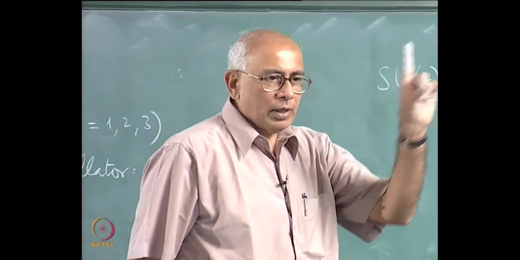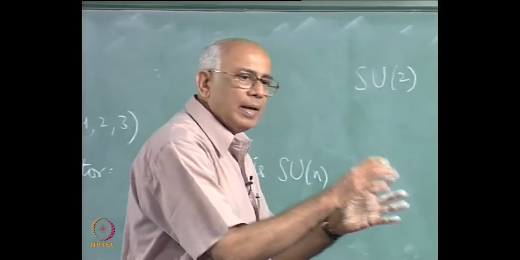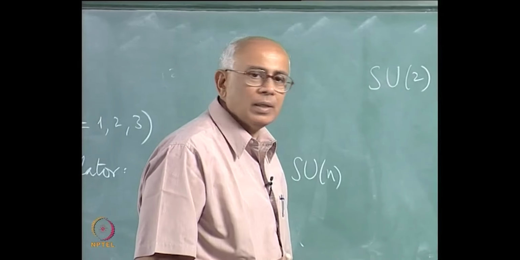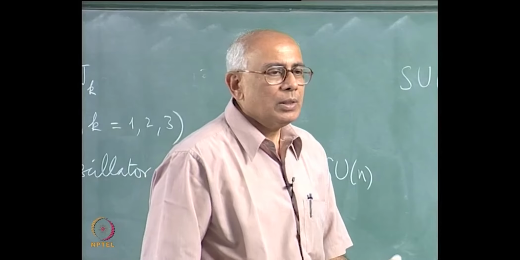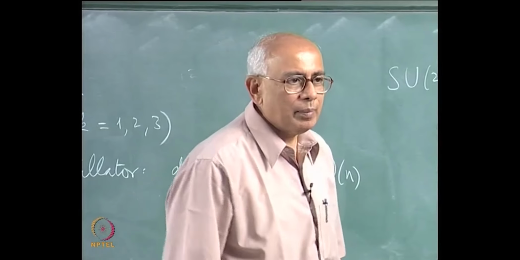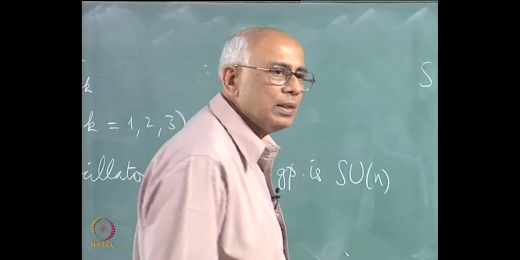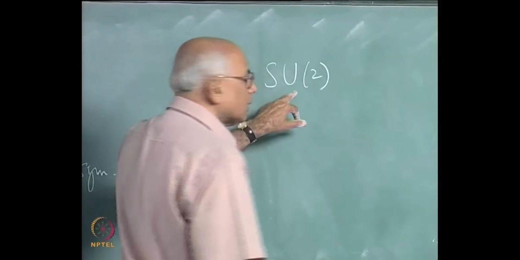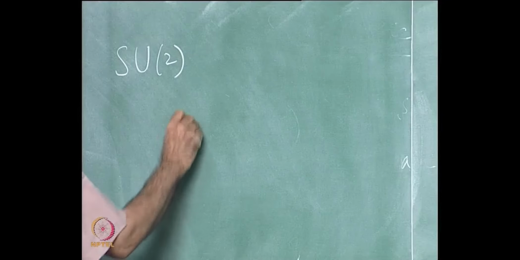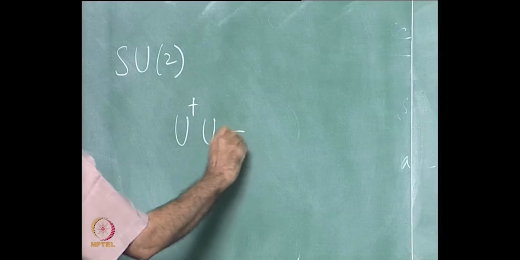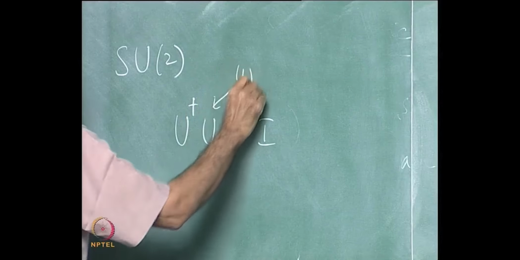We count the number of real parameters always: 8 parameters, because if the matrix is A, B, C, D, these are complex numbers, and there is a real part and an imaginary part to each. So in general 8 real parameters are needed. And now I start putting conditions on these matrices. What is a unitary matrix? A unitary matrix is one where U dagger U is equal to the identity matrix. So this is unitary.